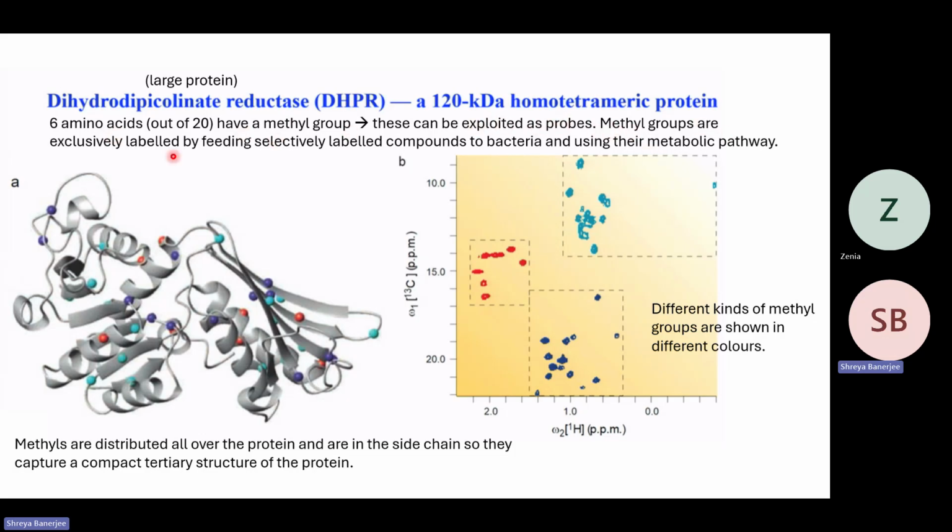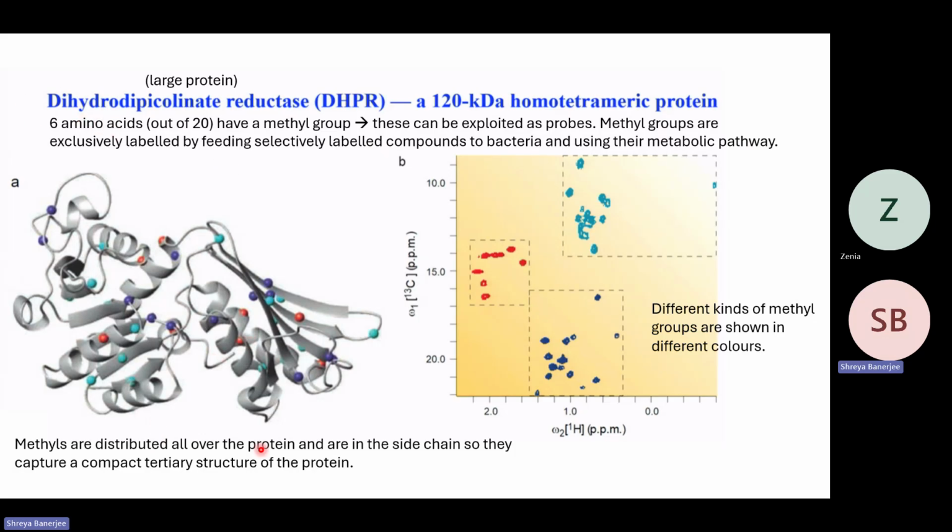Methyl groups can exclusively be labeled by feeding selectively labeled compounds to bacteria and using their metabolic pathway. So when bacteria are fed on selectively labeled compounds, they will produce proteins where only the methyl groups in the 6 amino acids are labeled.